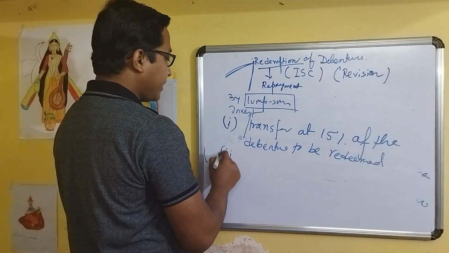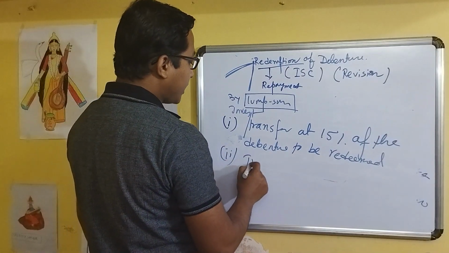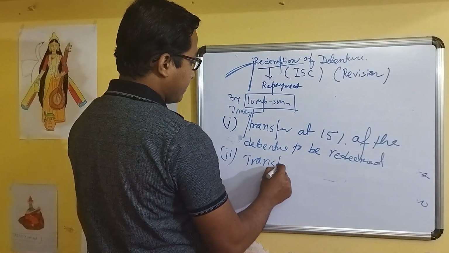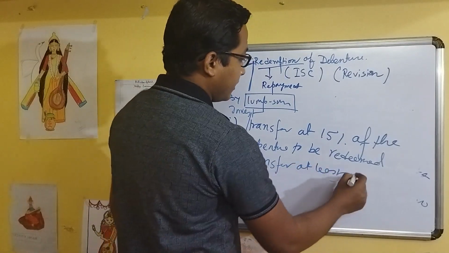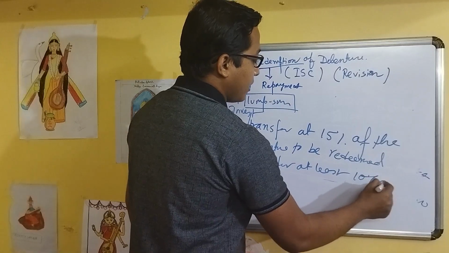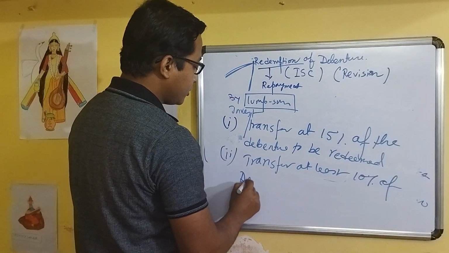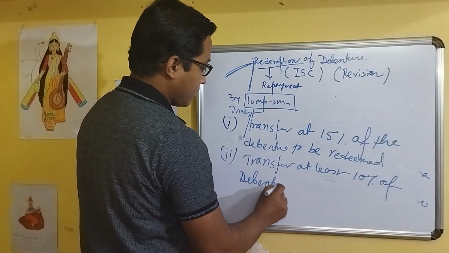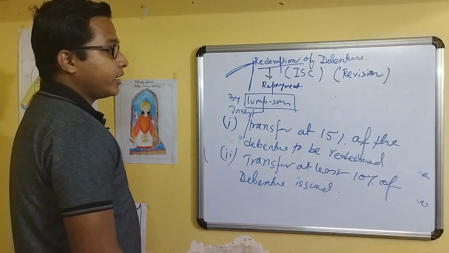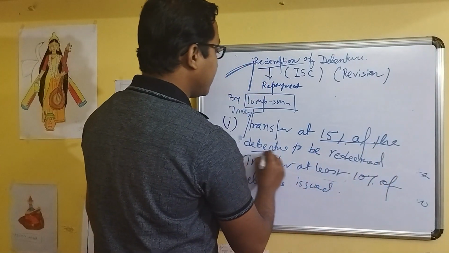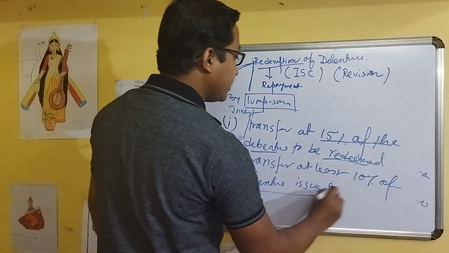And the second one is we have to transfer at least 10% of debenture issued. The terms are very important here: 15% of debenture to be redeemed, and debenture issued.